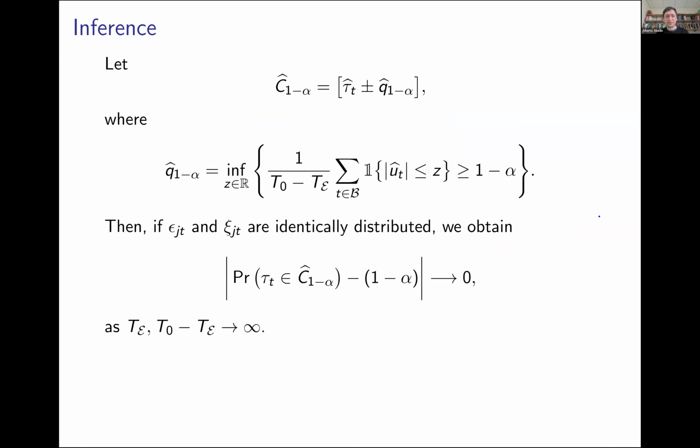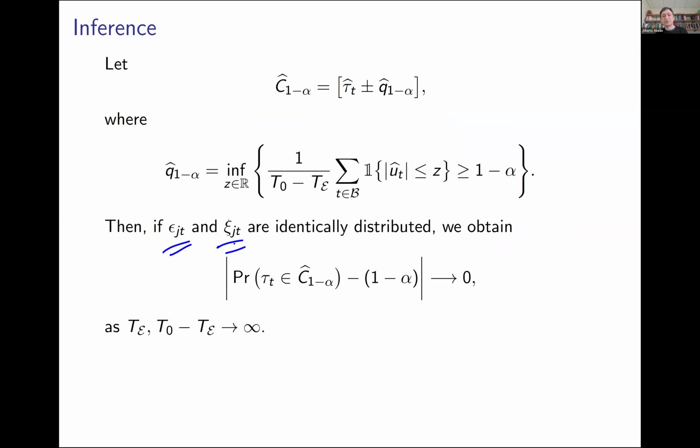So that's something nice. Something else that we can do in terms of inference, if you want to do things in a different way, is imagine that you are willing to assume that the treatment doesn't affect the distribution of the individual transitory shocks, epsilon and xi.